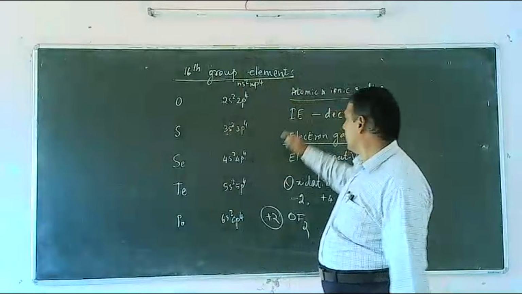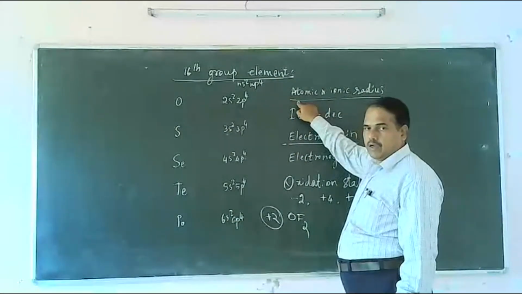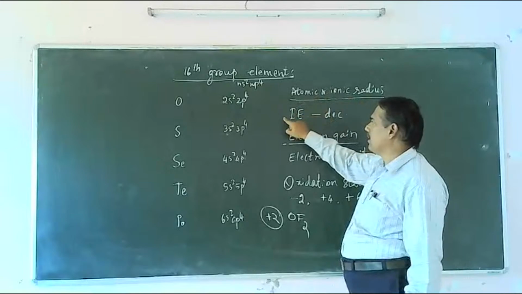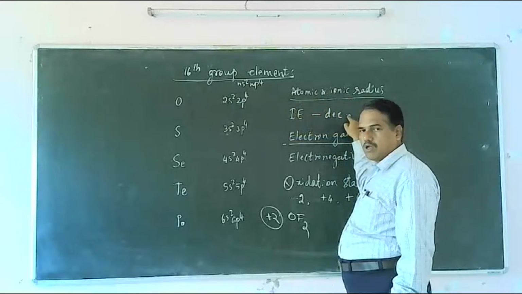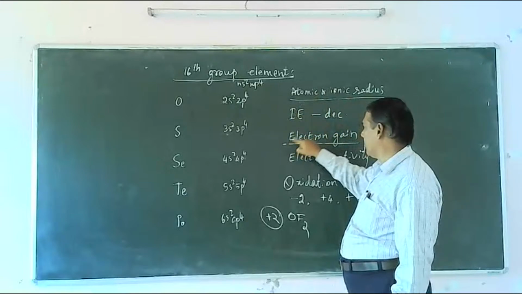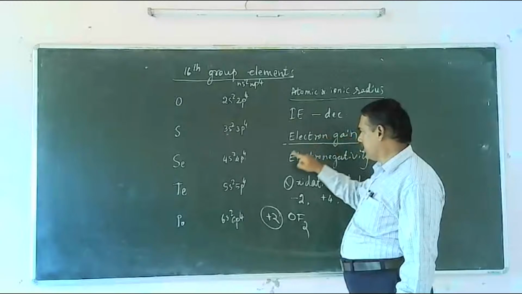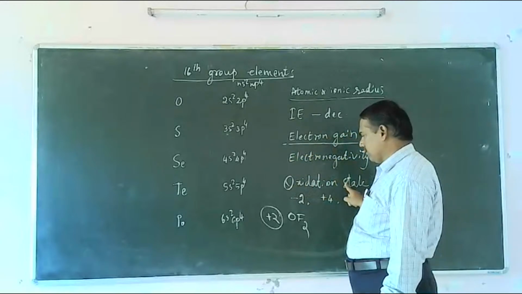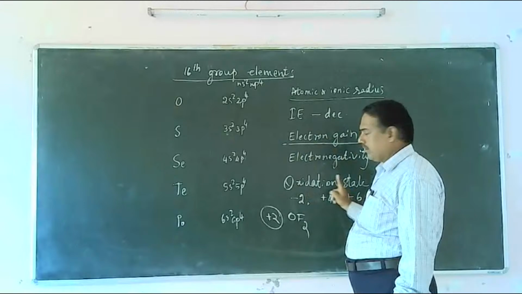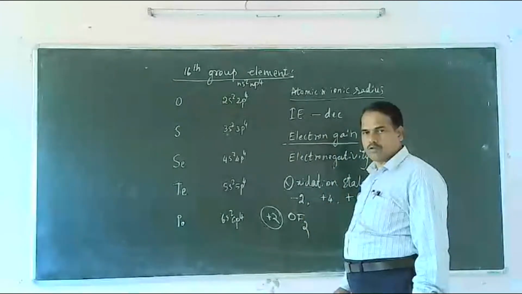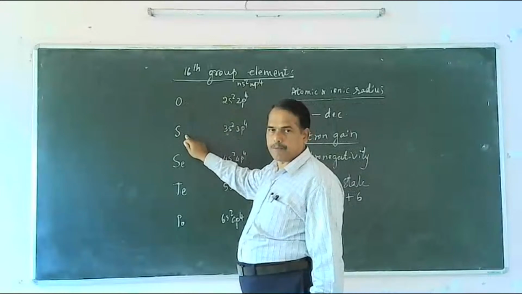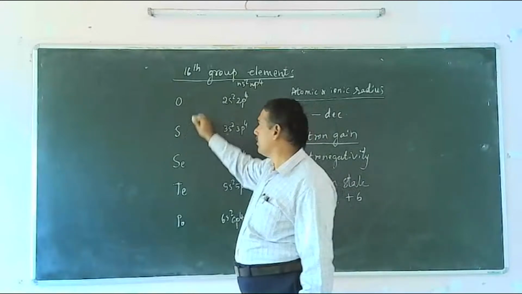Again, I will end the chemical trends: atomic and ionic radii, ionization enthalpy, electron gain enthalpy, electronegativity, oxidation state, and metallic character. Oxygen and sulfur are non-metals.